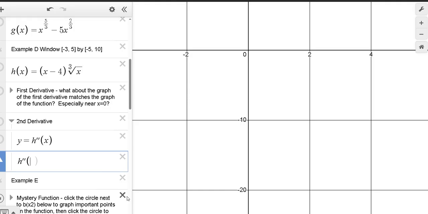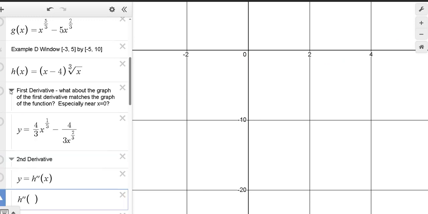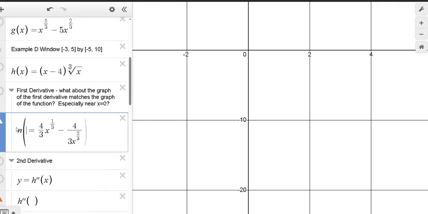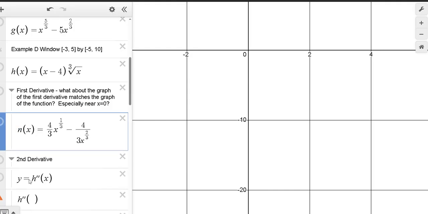Yes? I think the h function is not the right function. Yeah, I'm wondering if, oh, you know, because it's already set. Let's take a look here. Yeah, the h function is the wrong one there, because that one doesn't, let's see. Let's call this one, say, n of x. And then let's do n of x.